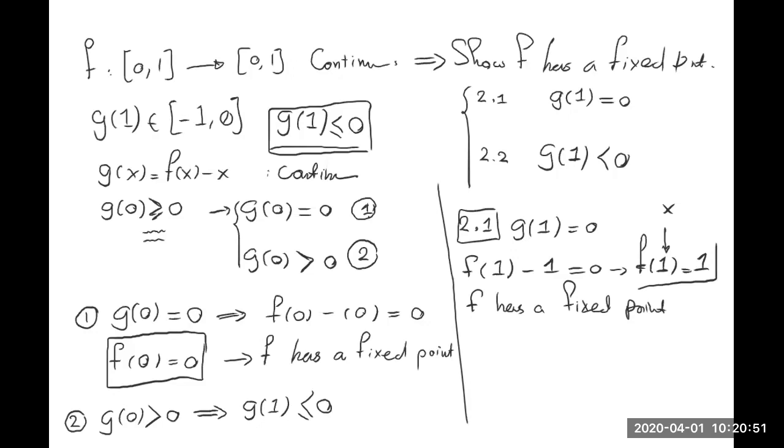The only remaining case is when g of 1 is strictly less than 0.